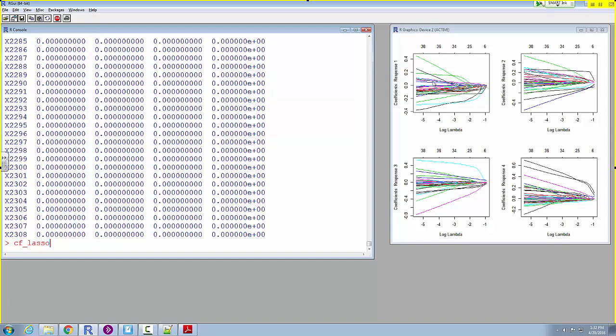At the end of this, we picked a final value of lambda. It was the one that got the most accurate CV error. And inside this CF Lasso are the coefficients for that corresponding model. Any genes that have a 0 coefficient are out of the model. They were selected out.